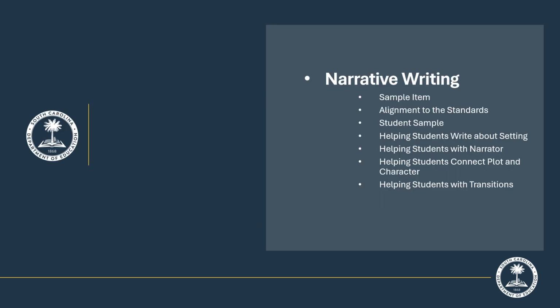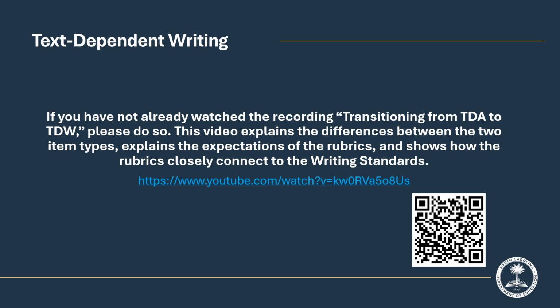While we are using the 3rd grade TDW sampler that is located on our Assessment Quick Links webpage, our focus today will be on narrative writing instruction and how writing instruction supports the TDW item. For questions about the TDW scoring rubrics, please watch our video, Transitioning from TDA to TDW.